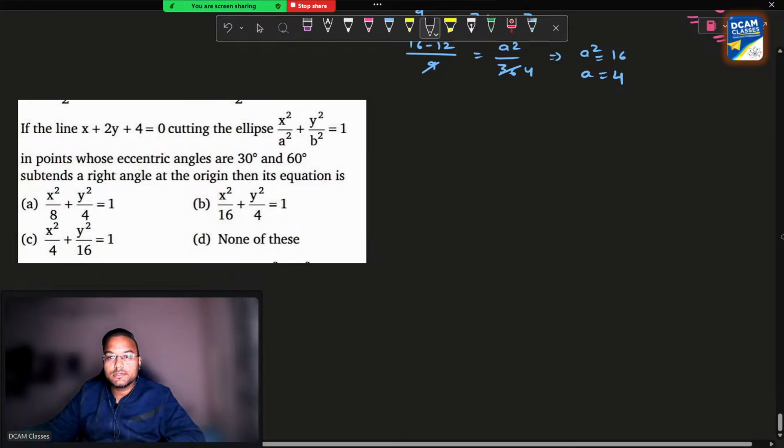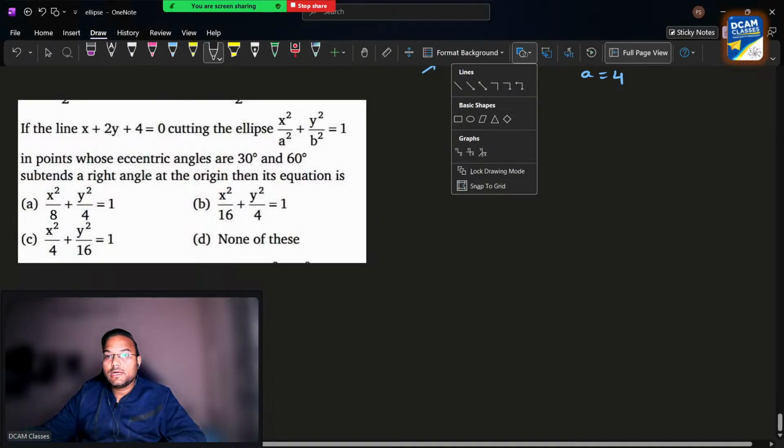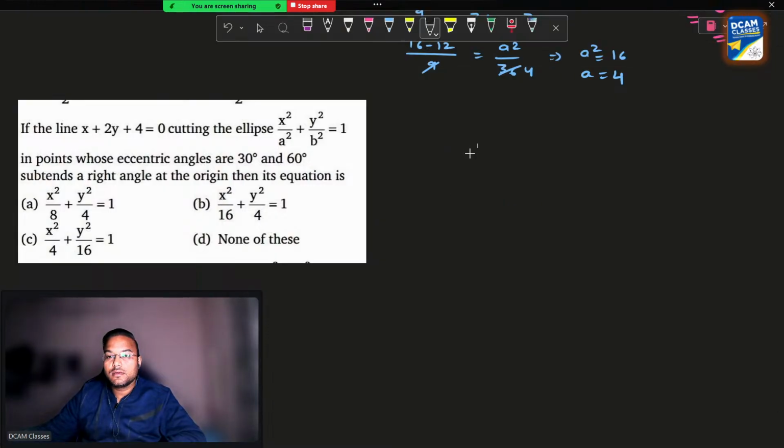Draw the diagram first. The line. Array.